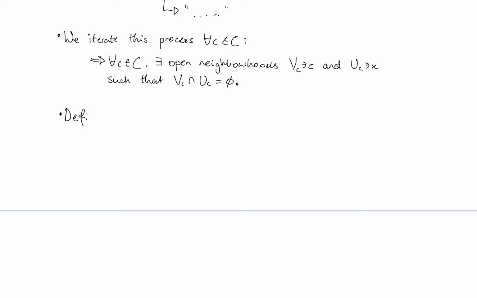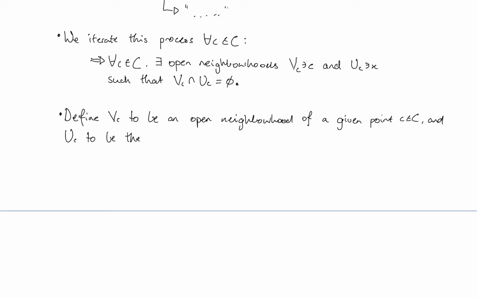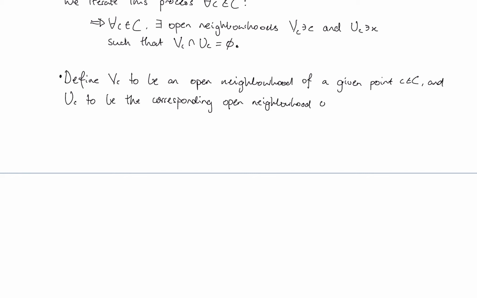Let's define Vc to be an open neighborhood of a given point in the subspace, and Uc to be the corresponding open neighborhood, disjoint from it, of the point in the complement, the corresponding point.